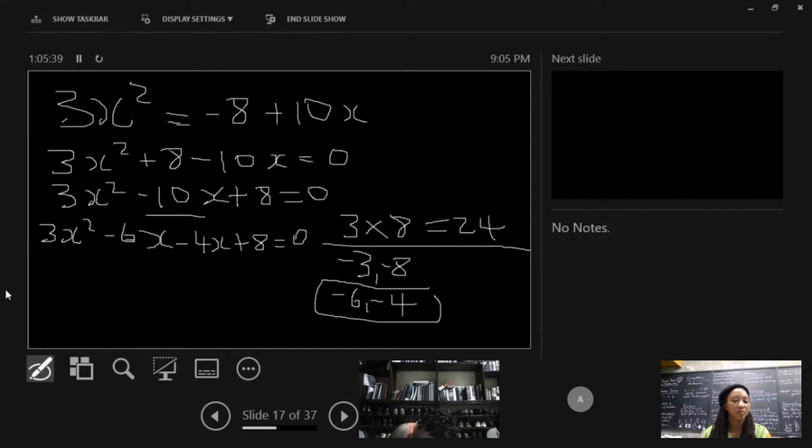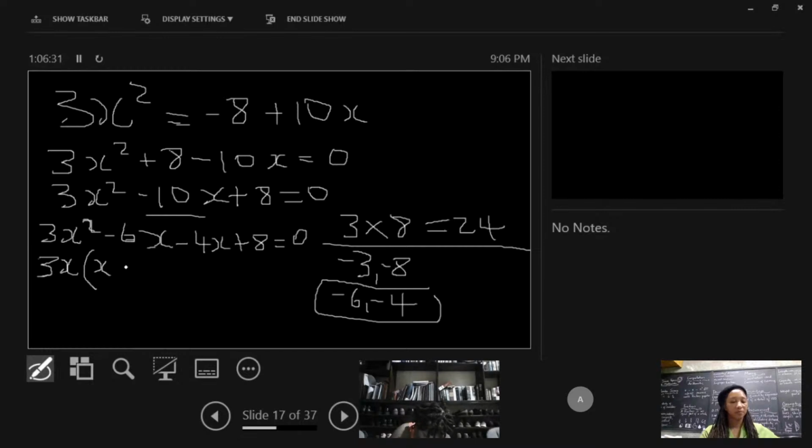Okay, so let's do 3x squared minus 6x. We're going to find which number is common, and that would be 3, and x. So 3x is common. 3x into 3x squared gives x.